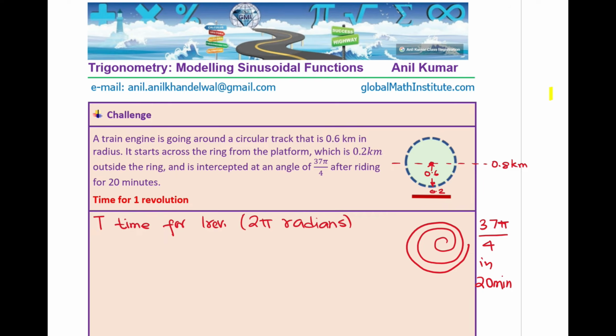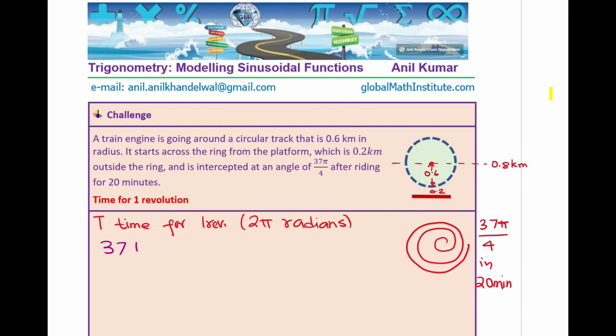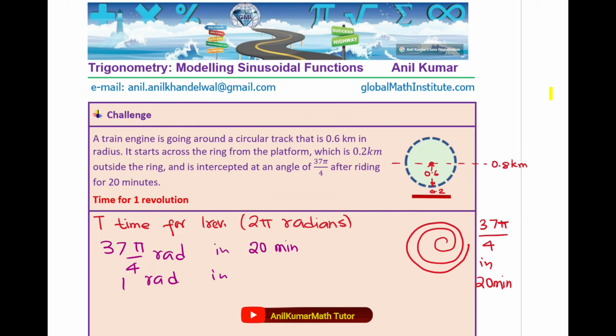We already know that 37π/4 radians is in 20 minutes. So 1 radian will be in how much? Well, 1 radian will be in 20 divided by this, which means 4 by π times 1 over 37, correct? So that many minutes to get 1 radian.